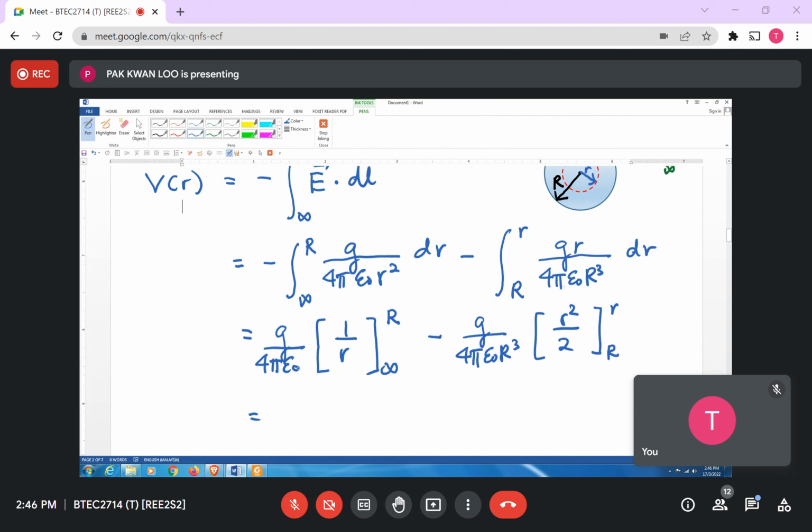For the first term, you have q over 4 pi epsilon naught R. Infinity is 0, so we do not need to write it here. And q over 4 pi epsilon naught R cubed times r squared over 2 minus capital R squared over 2.